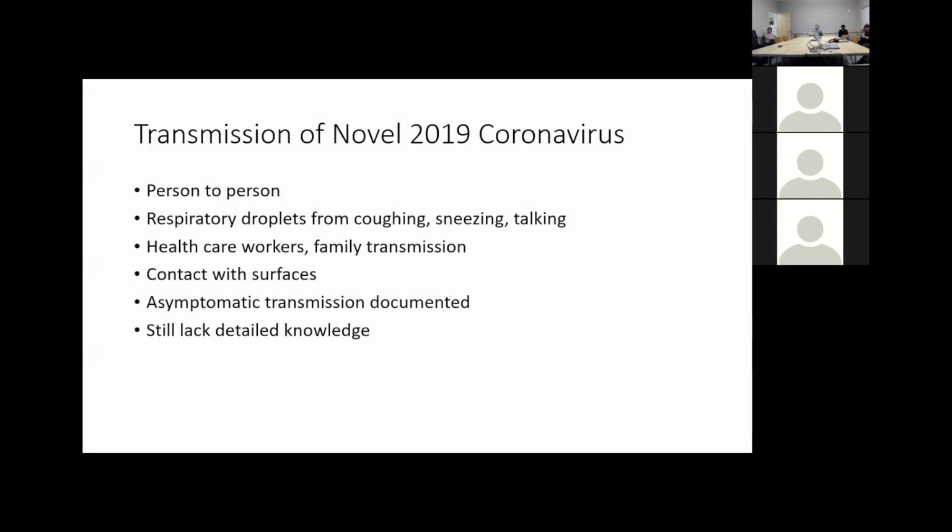We also know that asymptomatic transmission occurs, but we're not sure yet how important that is compared to person-to-person transmission. One important thing to stress about this virus in general is we lack detailed knowledge about the epidemiology of this virus.